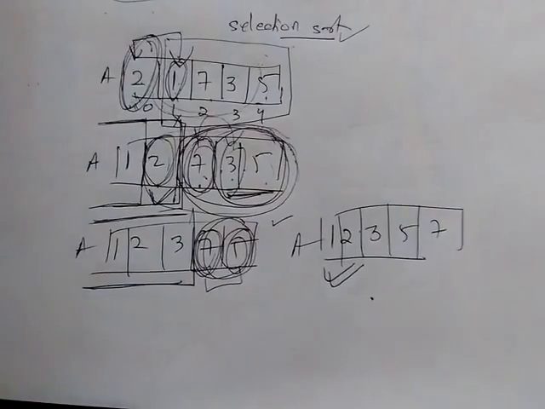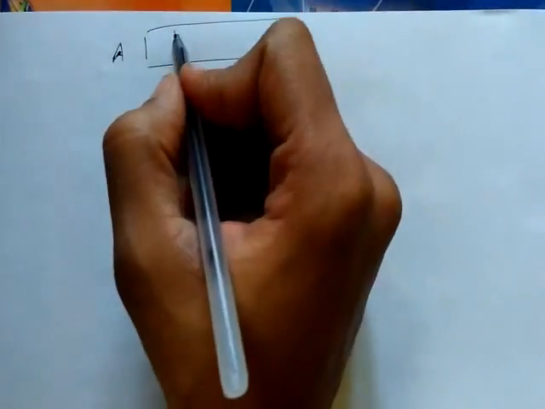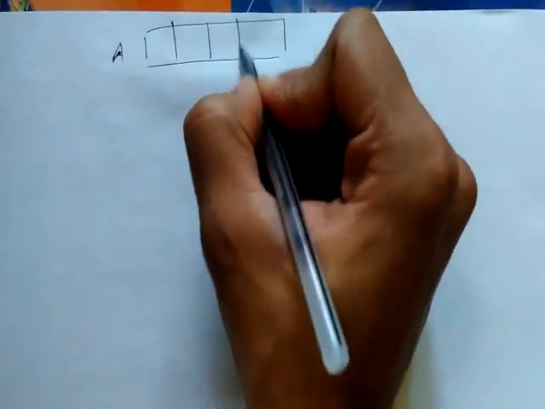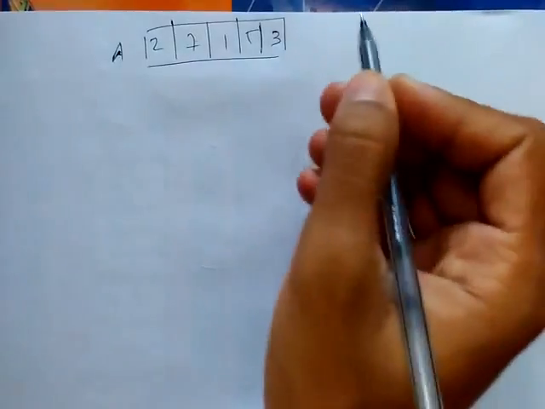Now I will give you an overview of the algorithm, or we can say pseudo code. So I have been given an array A. Let's consider the same elements we had earlier: 2, 7, 1, 5, 3.